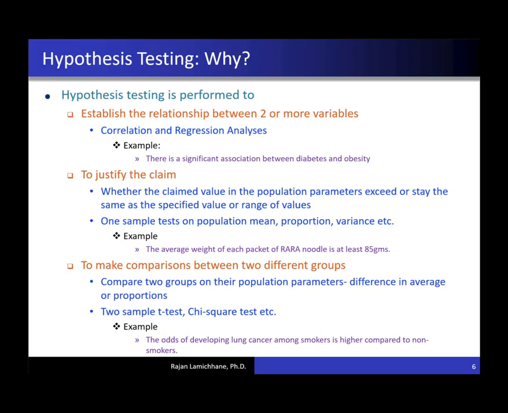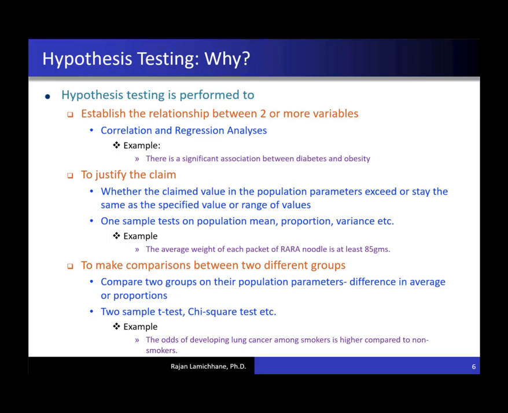Another reason to perform hypothesis testing is to justify any claim. Most claims are made on unknown population parameters, like what is the average height of adult individuals in West Virginia. At one point we don't know the average height of all individuals in West Virginia.